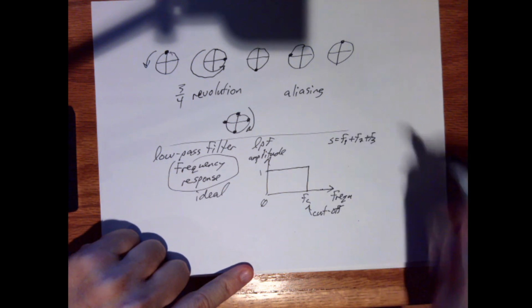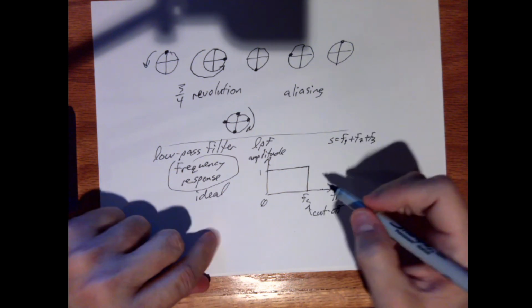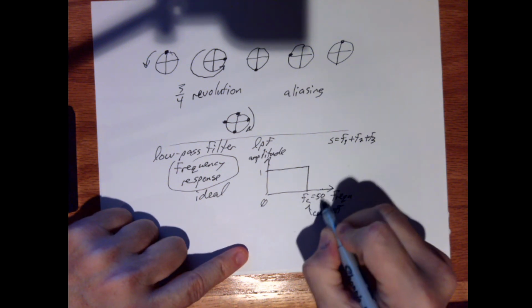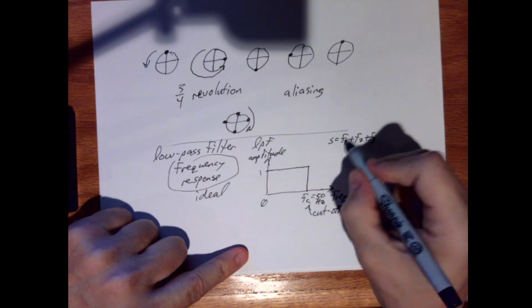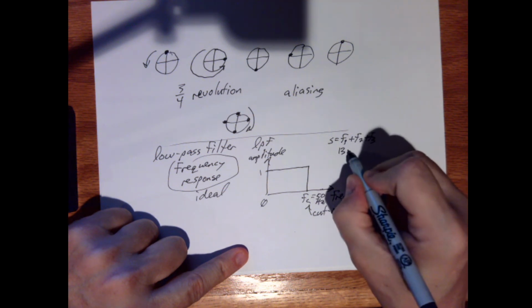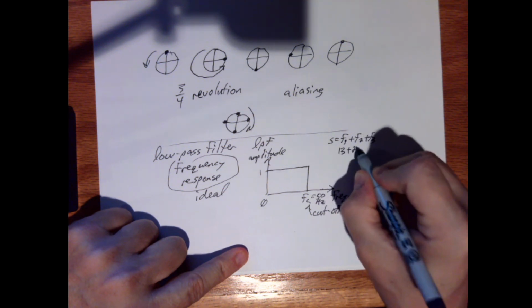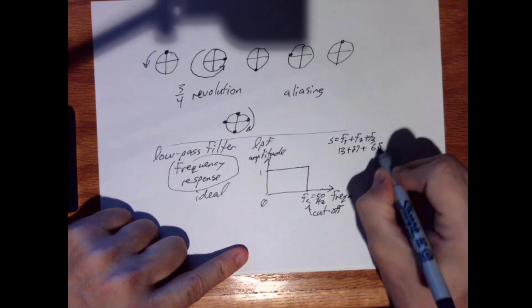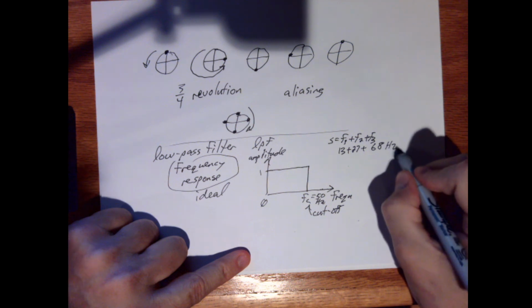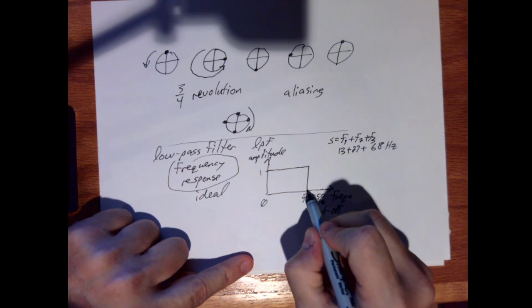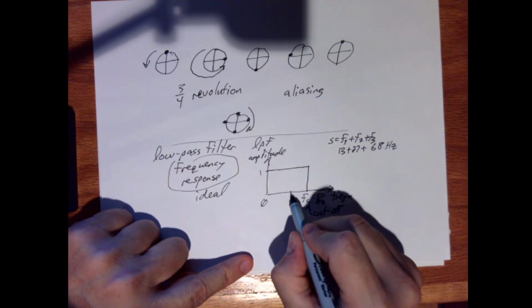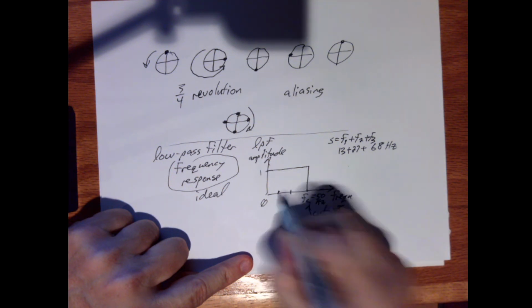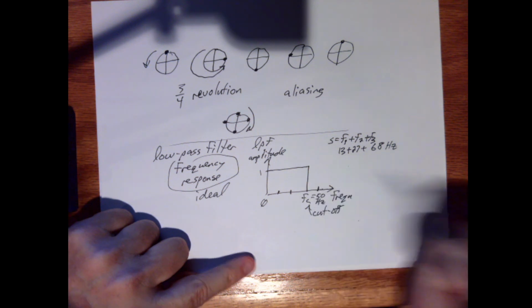So let's say that what we had here was FC was 50 hertz. And we'll say our signal here was 13 hertz plus 27 hertz plus 68 hertz. Well, 50 is here, 25, say 27 is about here, 13 is about half of that, so it's roughly here, and 68 we'll say is here.